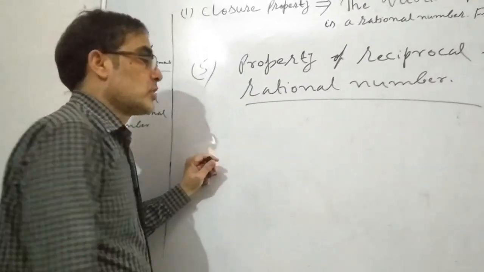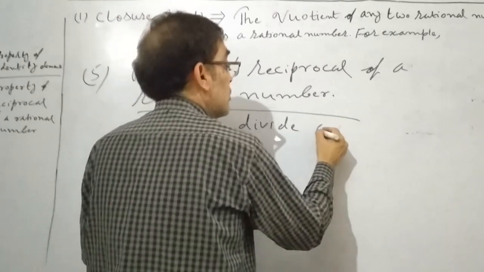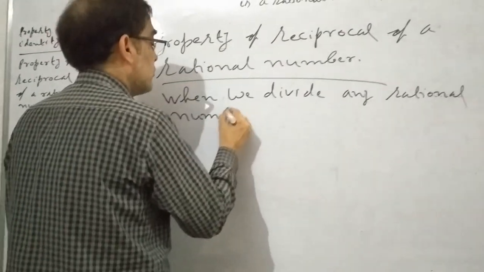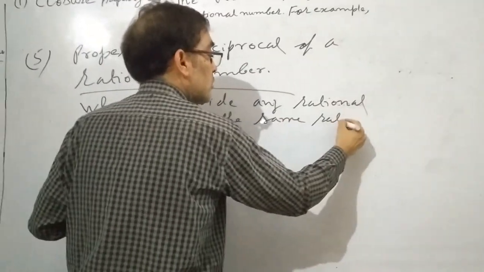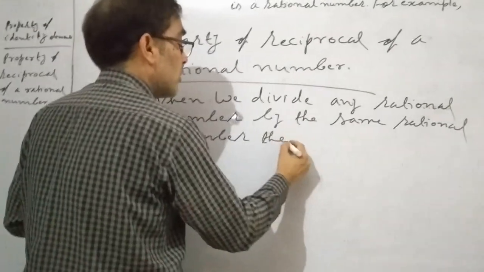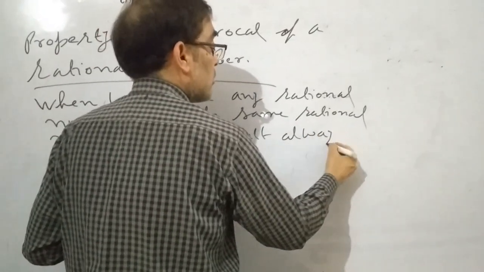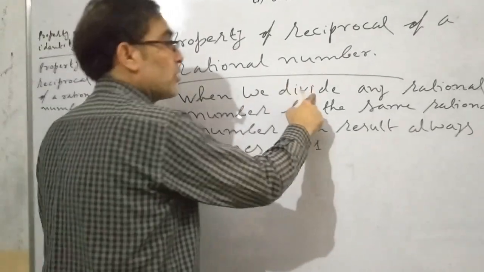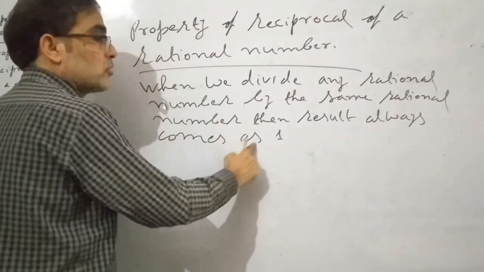In this property you have to know that when we divide any rational number by the same rational number, then the result always comes as 1.